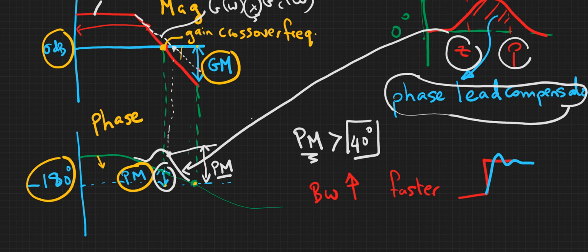But on the other hand, increasing the bandwidth also makes the system more problematic in the presence of noise, because when the system is fast, it can respond quite fast to any input, but it also responds to noise quite much. So we need to be careful about this. These are all these different trade-offs that we need to be careful about when designing our control systems.